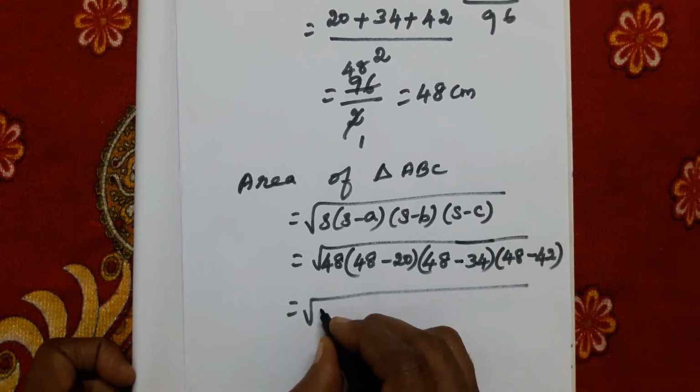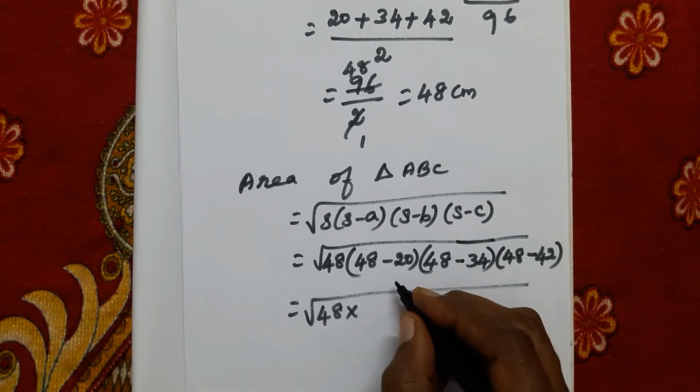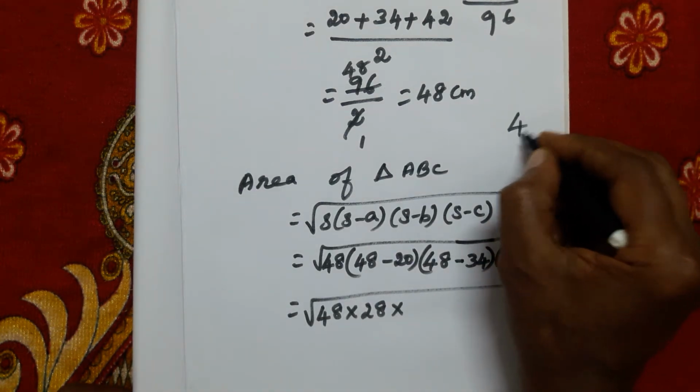It is equal to root of 48 into 48 minus 20, which is 28, into 48 minus 34.